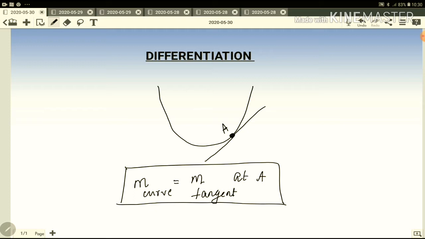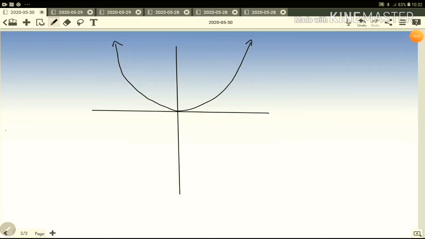Now I am going to prove the formula for the gradient of a curve at a point, or sometimes we call it derivative from first principle. Draw a curve function. See, I have drawn a curve function that is y is equal to f of x. It's a general function. You know that this is parabola. And I'm going to plot 2 points.